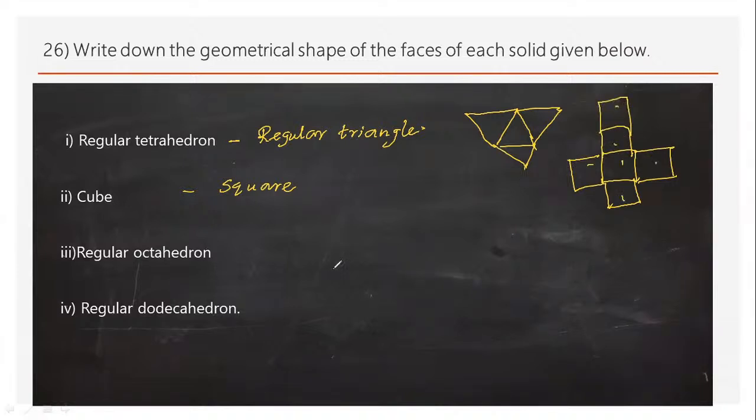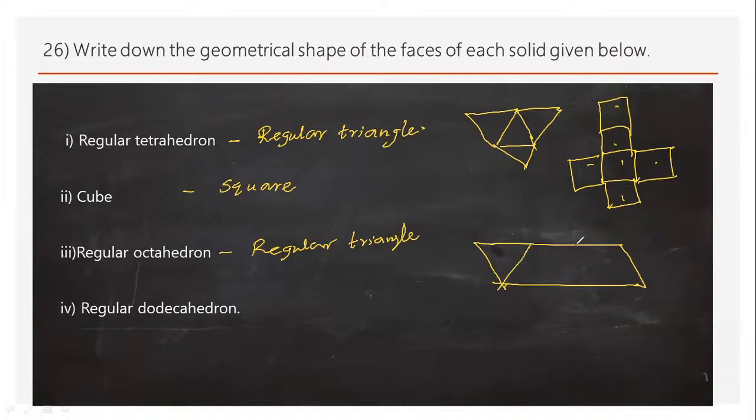Regular octahedron. What is this one? This is with regular triangles. The faces are regular. 8 pieces are there. If I draw roughly like this, a rough sketch to explain to you. 1, 2, 3.